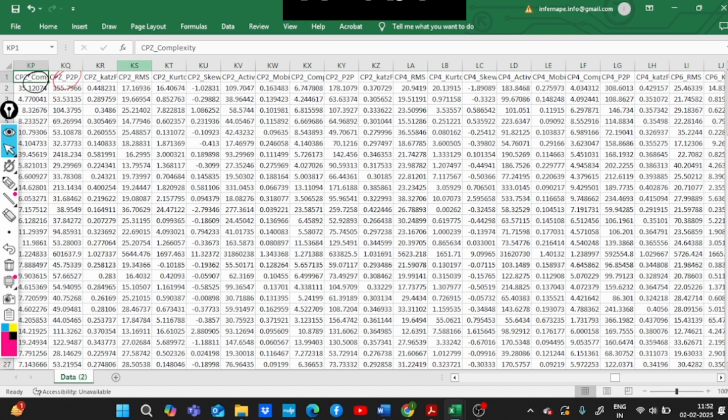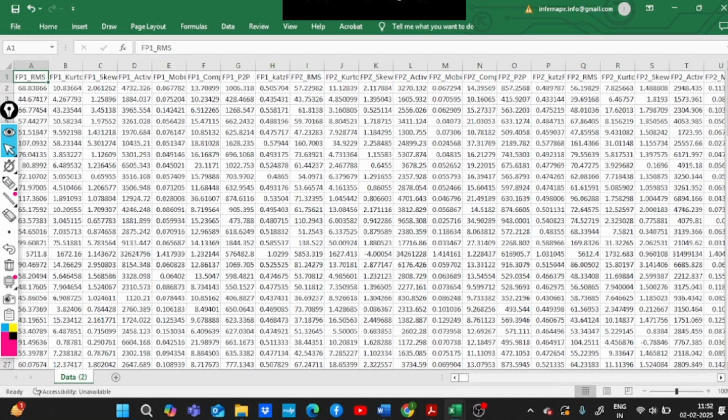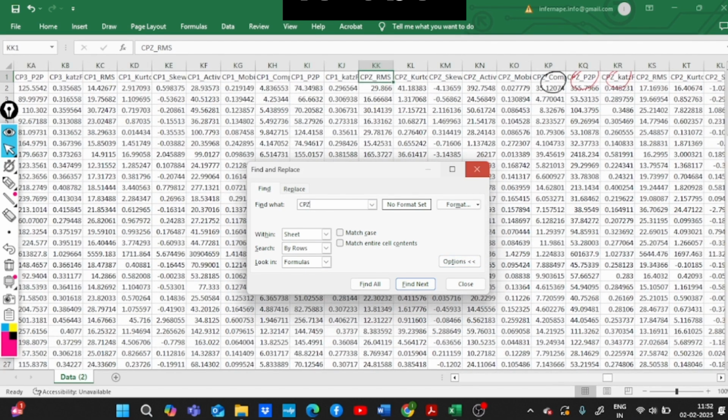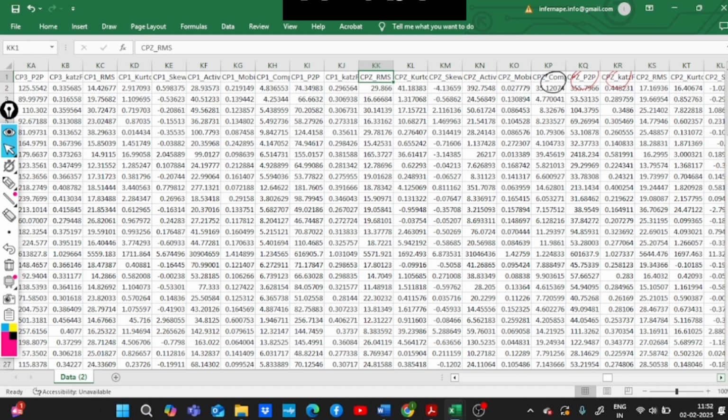CPZ peak to peak, and then what is it? Okay, here I was circling. Oh, I was actually here, I was not at the starting.